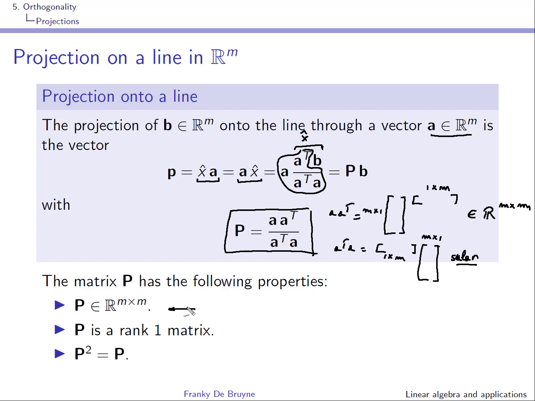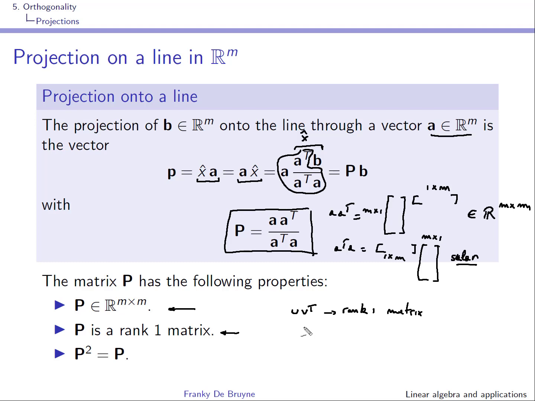We have seen that if you can write a matrix like u v transpose, then it is a rank 1 matrix. Well, here this is obviously the case because we write the projection matrix as this divided by a scalar. So the projection matrix is a rank 1 matrix.